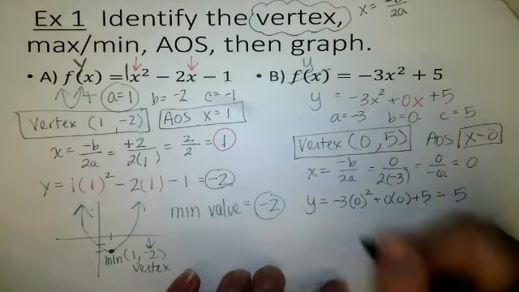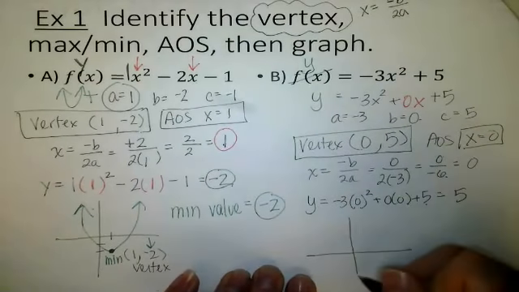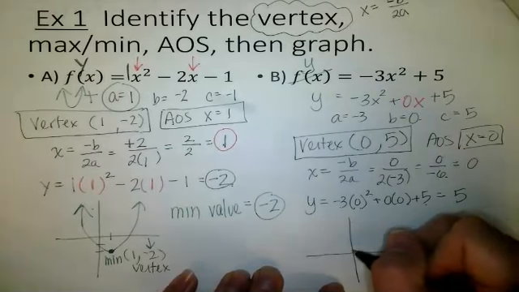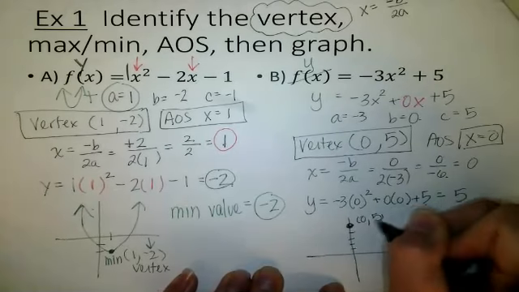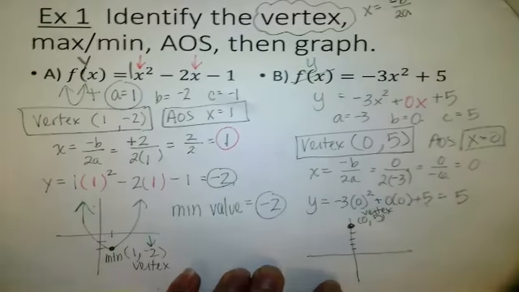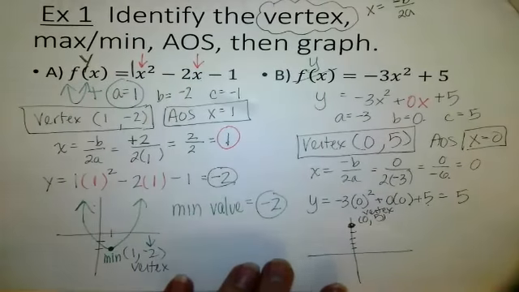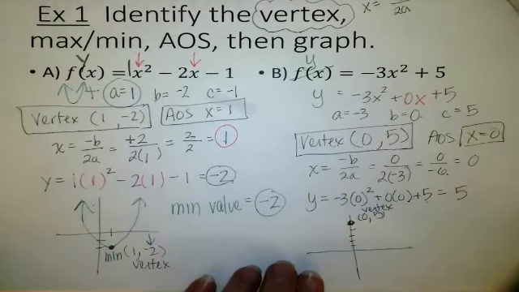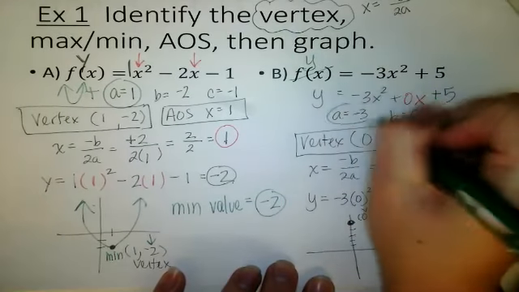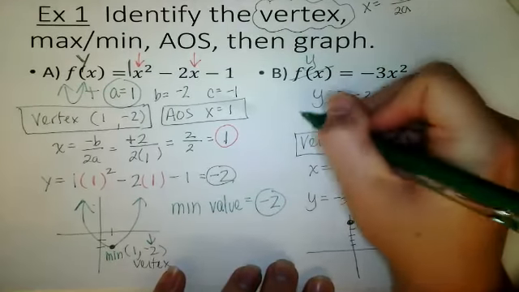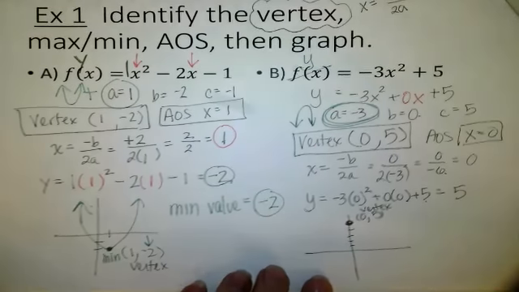Okay. I'm going to make a little sketch. 0, 5 is right here. That is my vertex. So my question is, is this an up or a down parabola? How do we know it's a down parabola? Yeah, the a is a negative value, and so that makes it a downward facing parabola.